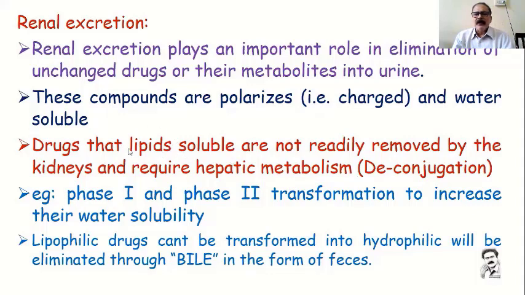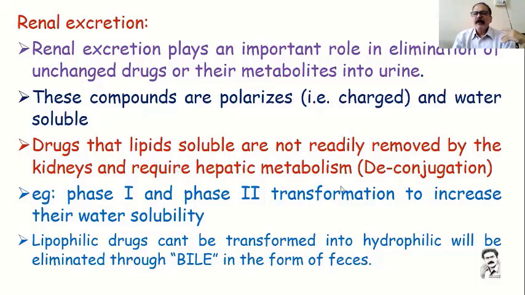When fat soluble compounds are there, they generally will not be filtered through the kidney and they need hepatic metabolism, meaning again they should go to the liver. There, the conjugation or deconjugation, but again it should get metabolized.